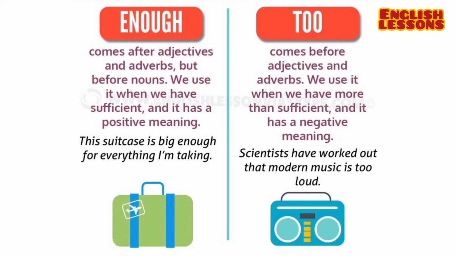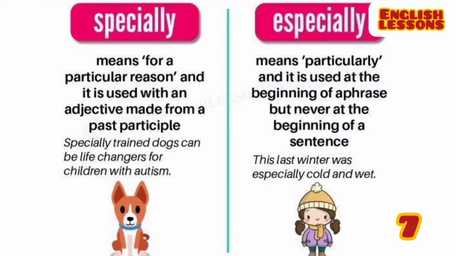Too comes before adjectives and adverbs. We use it when we have more than sufficient, and it has a negative meaning. For example, scientists have worked out that modern music is too loud. That's number 6.